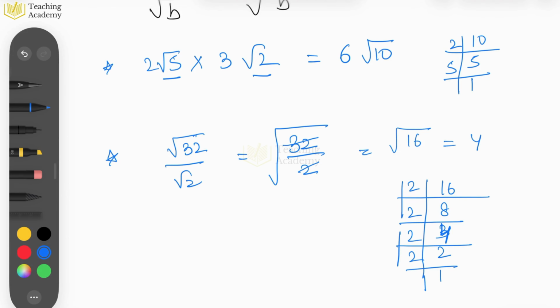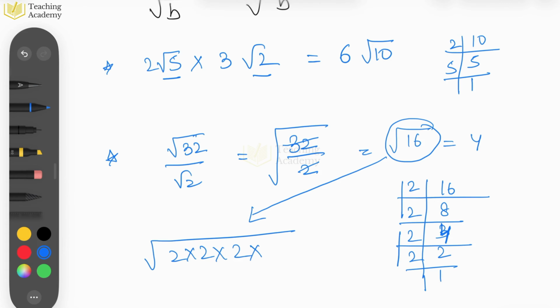If you want this term to be expanded, you can write it like this: 2 times 2 times 2 times 2. As I said, in the square root we make two numbers as one pair and take it out. So 2 times 2 is one pair and 2 times 2 is another pair. For one pair you'll take 2 out, and from the other pair 2, which is going to give you a 4, which is actually written here. So both ways will work.